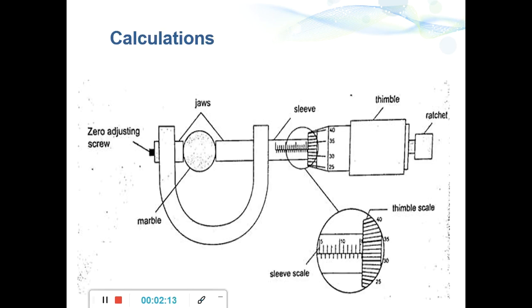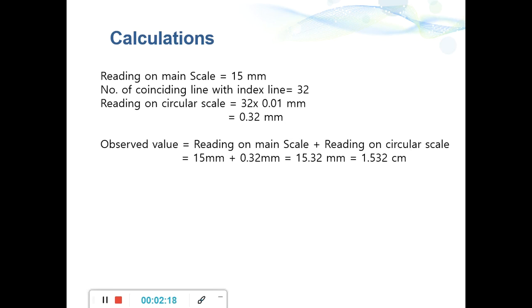Here we will see how we can calculate the length by using screw gauge. The formula for the measuring is: observed value is equal to reading on main scale plus reading on circular scale.